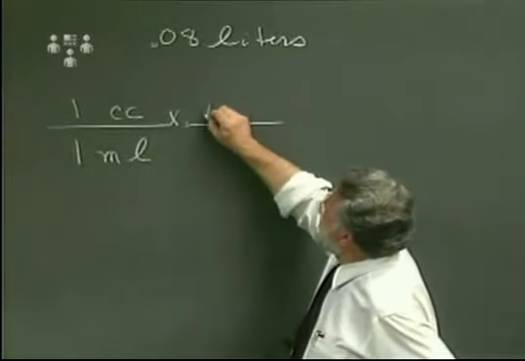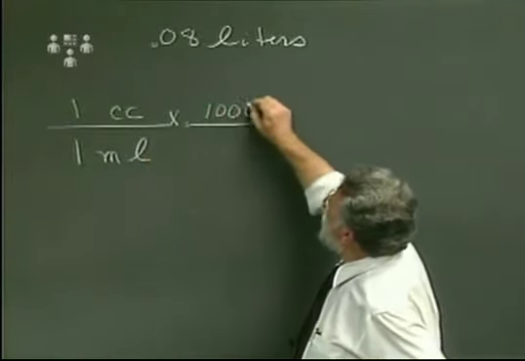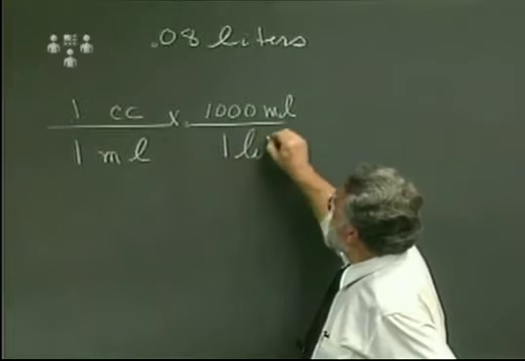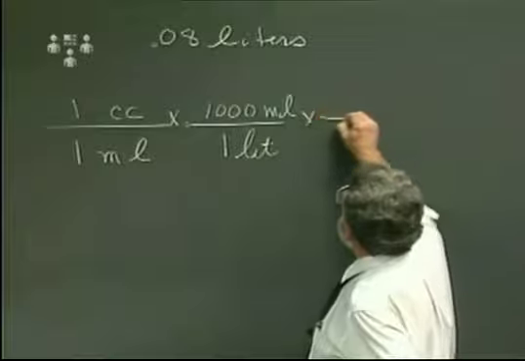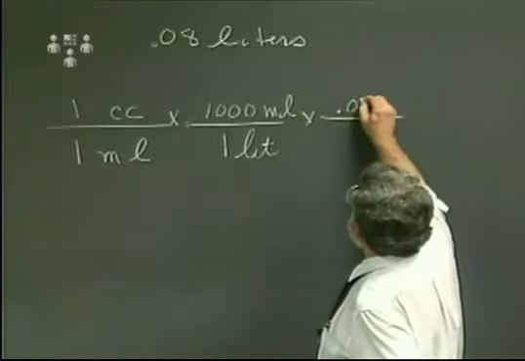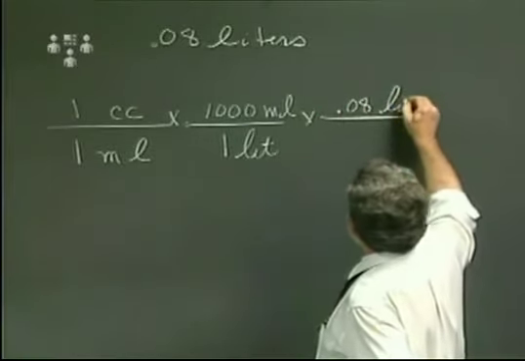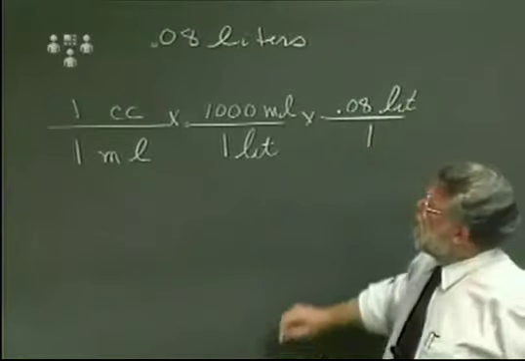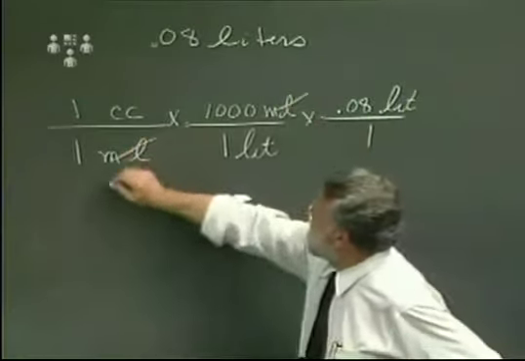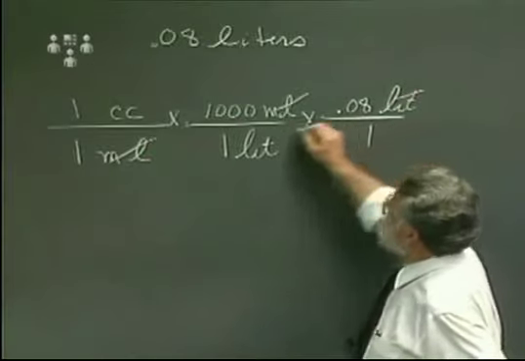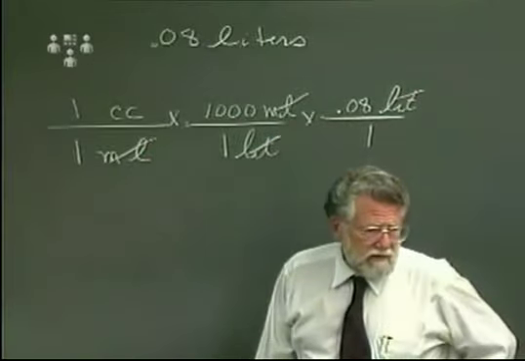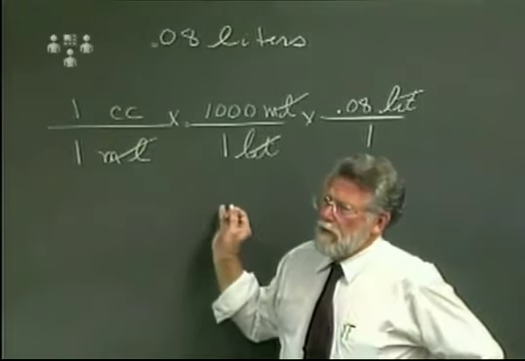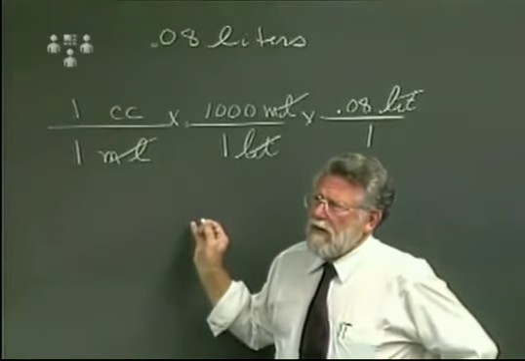Now 1,000 milliliters is 1 liter. And then I multiply by 0.08 liters over 1. And notice the milliliters cancel, the liters cancel, and I'm left with cc's. And that is the process that we're going to follow.